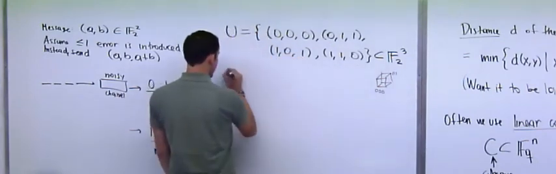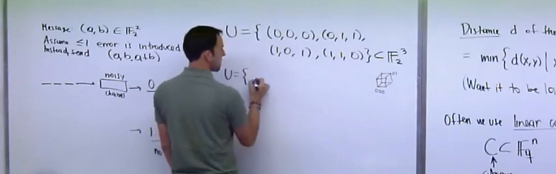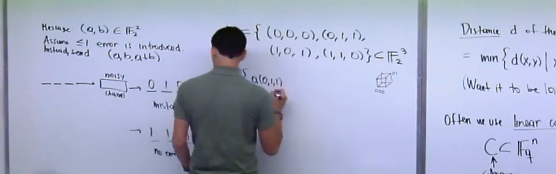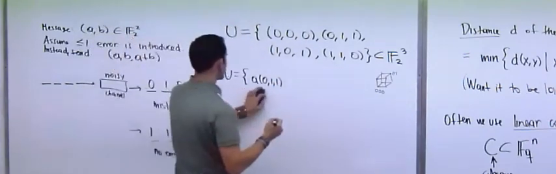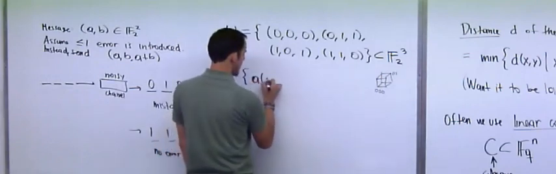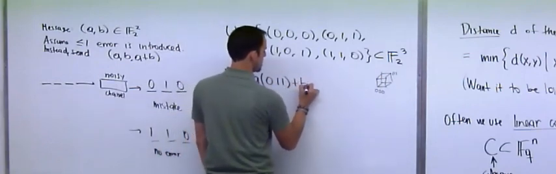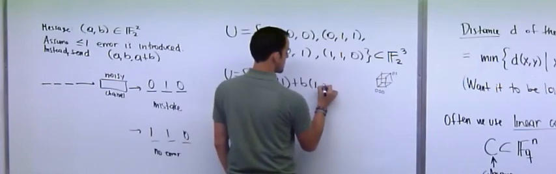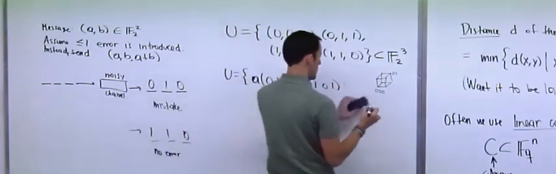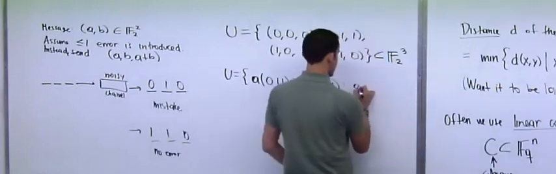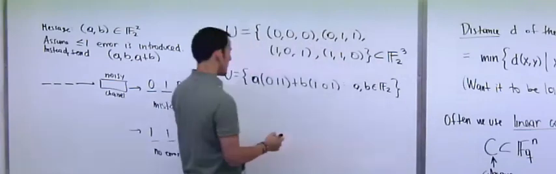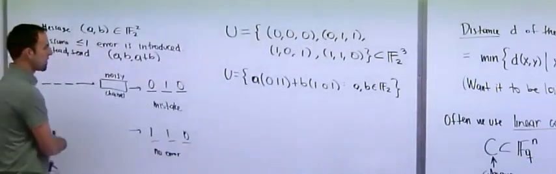So one way of presenting this is as the space generated by 0, 1, 1. Get rid of all these commas so we don't get lost. So A times 0 1 1 plus B times 1 0 1, with A, B in F2. Okay, so those guys generate, that's fine.